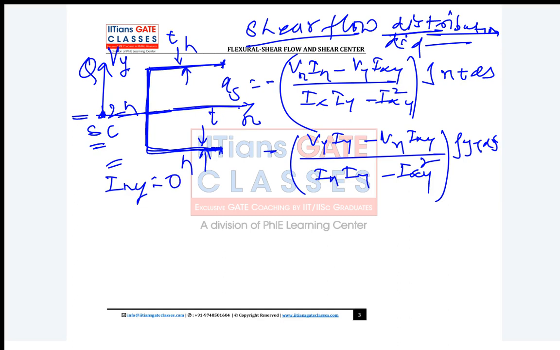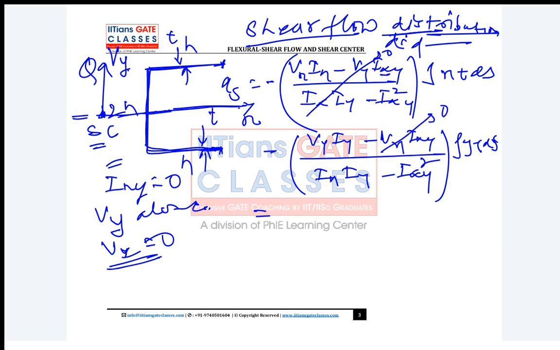And in this case, we have Vy alone, so Vx is 0. When Vx is 0 and Ixy is 0, this term completely becomes 0. So finally, qs becomes minus Vy upon Ix integration of y t ds.